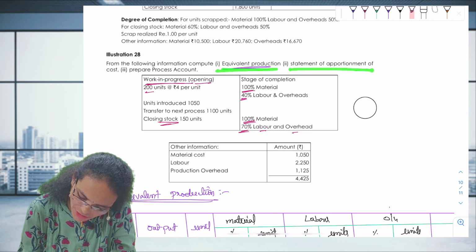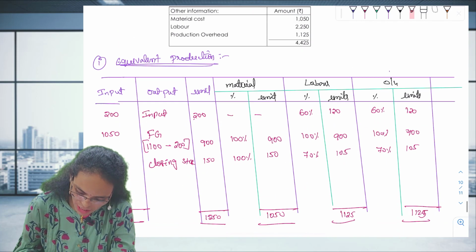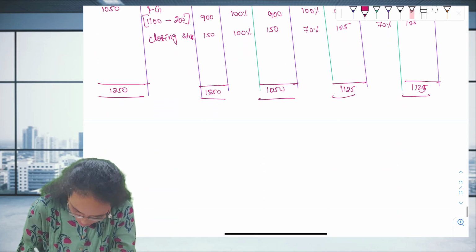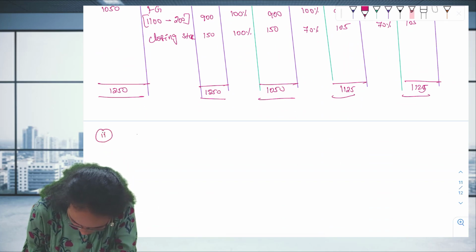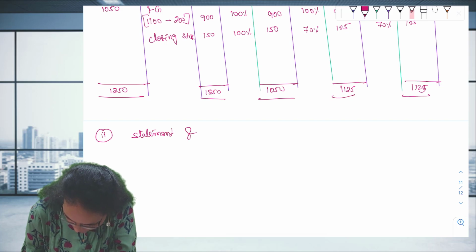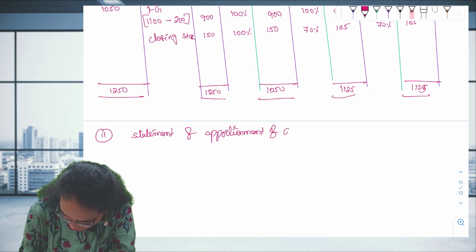Second one, statement of apportionment of cost. See how to apportion the cost. See, second bit, statement of apportionment of cost.